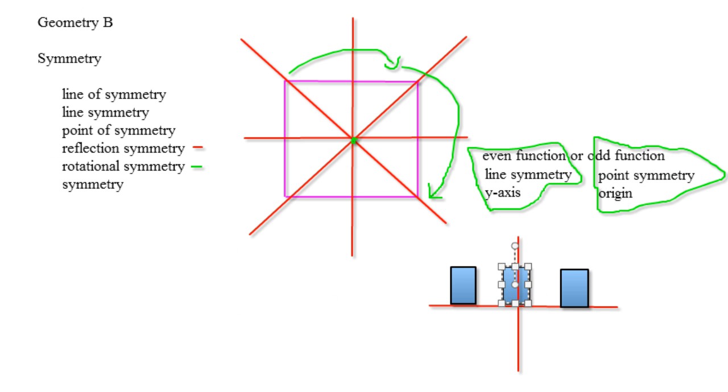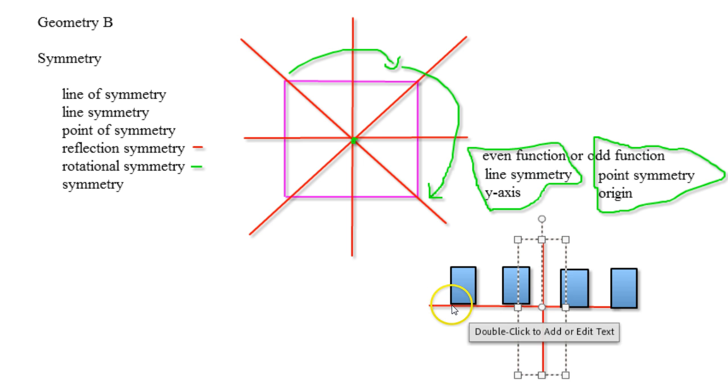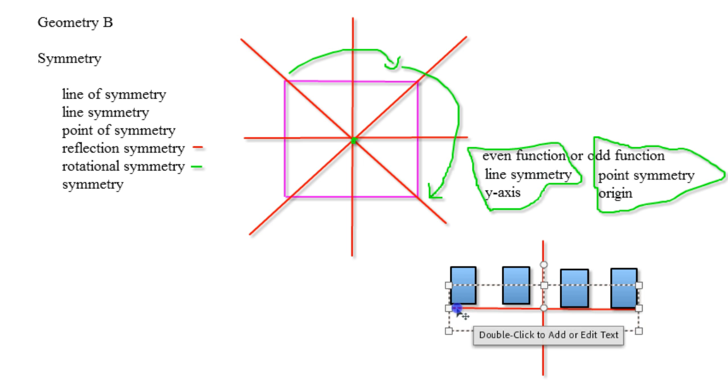Now, if you take a look at this, okay, so on this one, if I add an even amount of objects, okay, let me move this over a little bit so it's more realistic. Now it looks nice and symmetrical, but guess what?